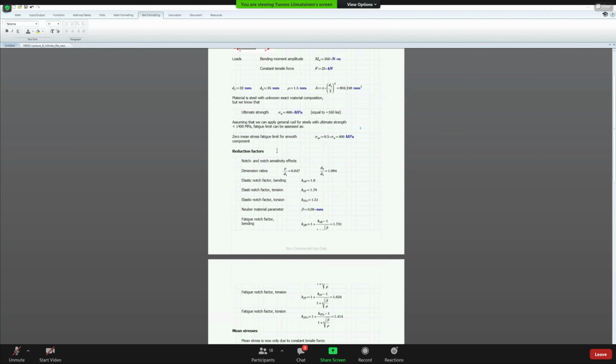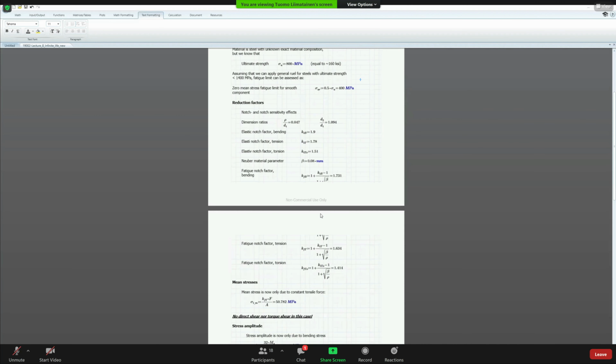So firstly, we will define the notch factors that are already known to you, and eventually the fatigue notch factors with different kinds of loadings. There's also torsion here because the template has been used for other tasks as well, but we don't need torsion here. And these are the values I showed in Moodle already.